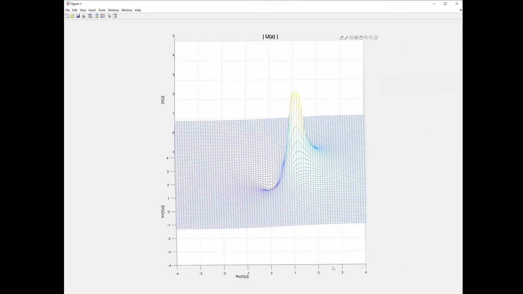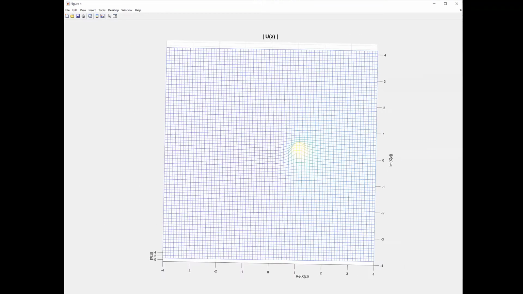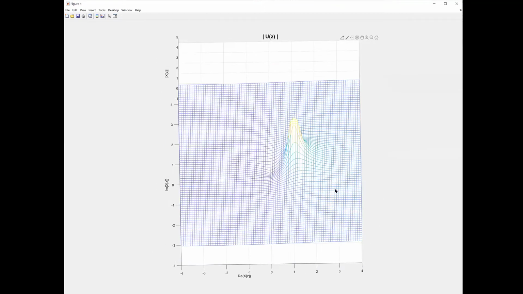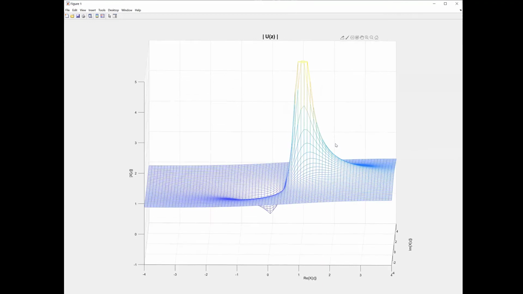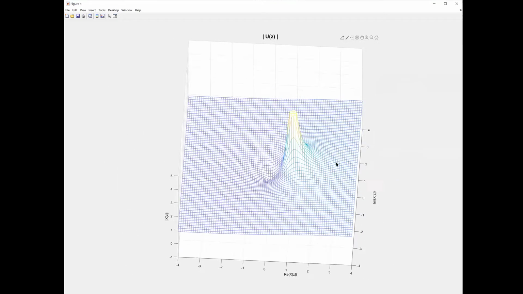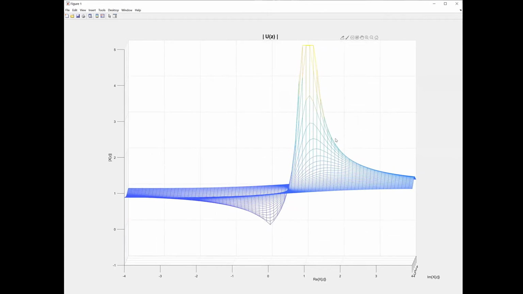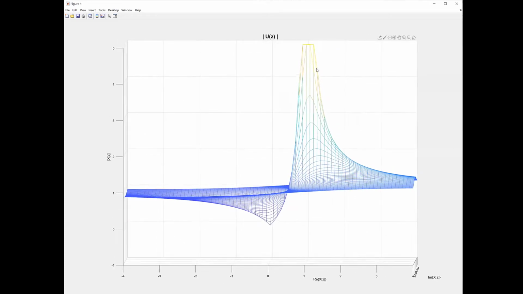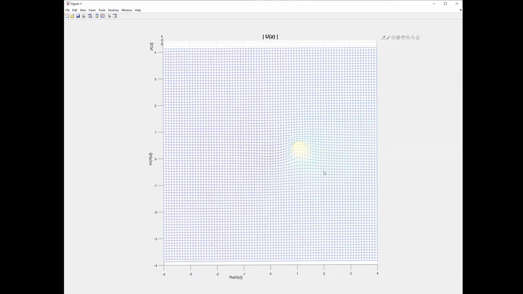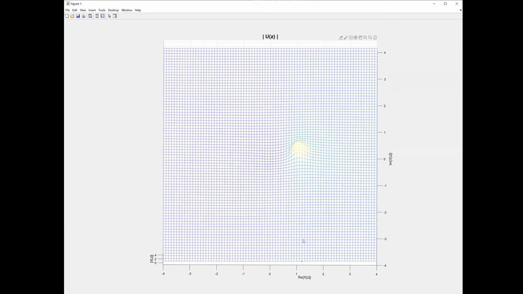If we look straight down at the top, we've got our real part of z and our imaginary part of z. And now we're graphing the magnitude of the Z transform over that. I've cut it off here manually at 5, but you can see this peak goes up to infinity, and it goes up to infinity at an input value of real part 1, imaginary part 0.